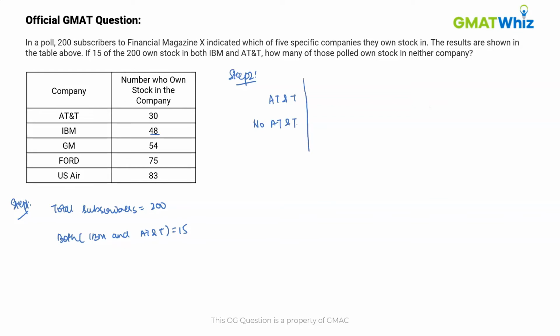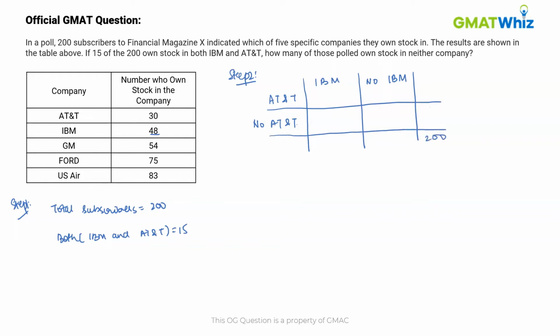Similarly, we will have subscribers who own stock in IBM and subscribers who do not own any stock in IBM. Now, we know that the total number of subscribers is equal to 200. So this will always add up to give us 200.